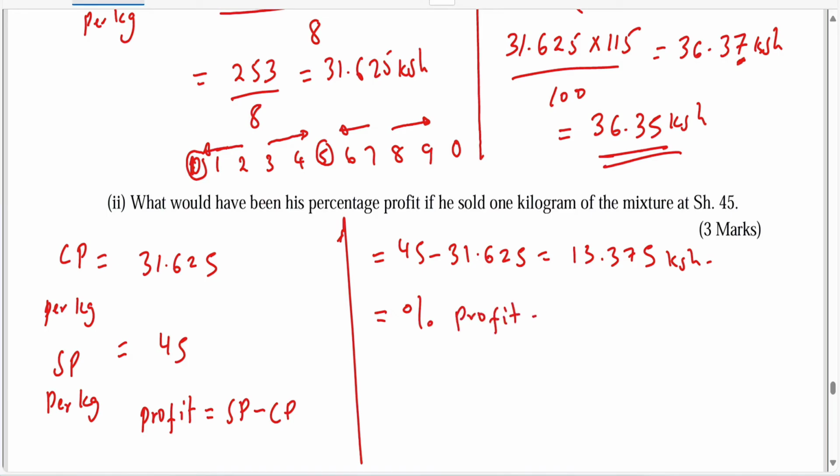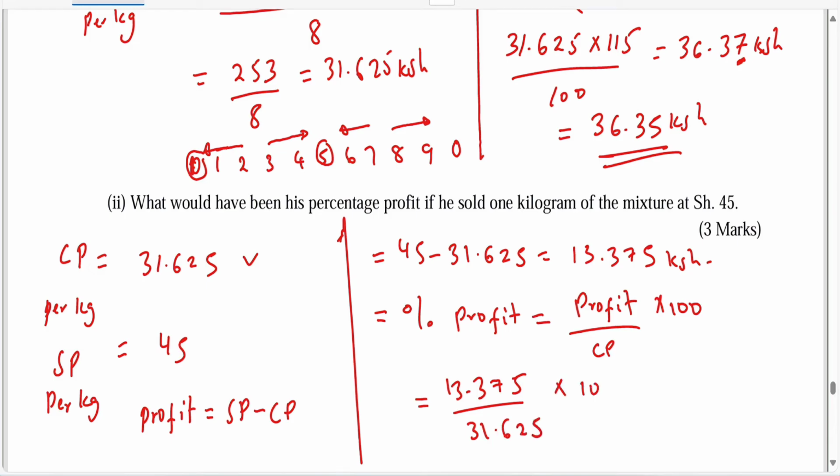Unataka kutafuta percentage profit, utachukua ile profit divide by ile cost price ama ni cash price ama ni whatever price, bora tu ni the original price times 100. So ukiona hapa ni 13.375 divide by ile cost price yako ambayo ni hiyo 31.625 multiply by 100.